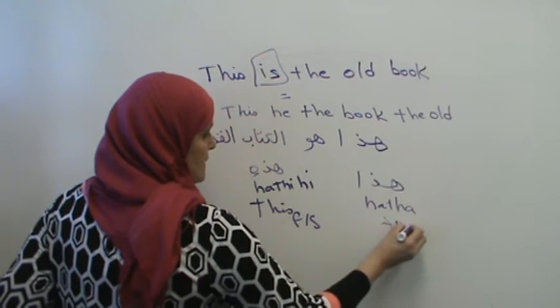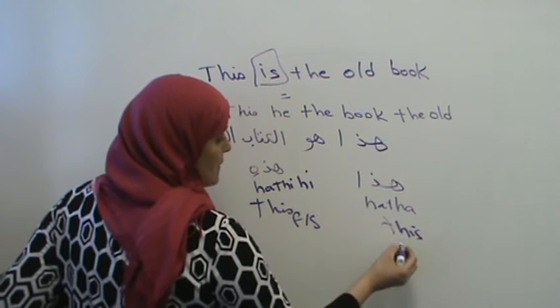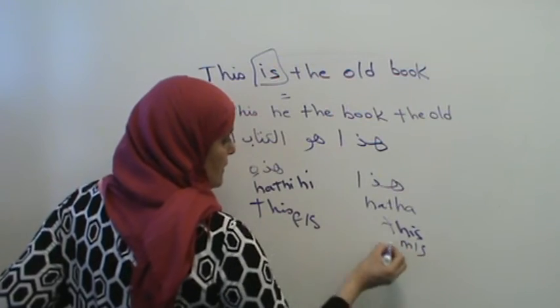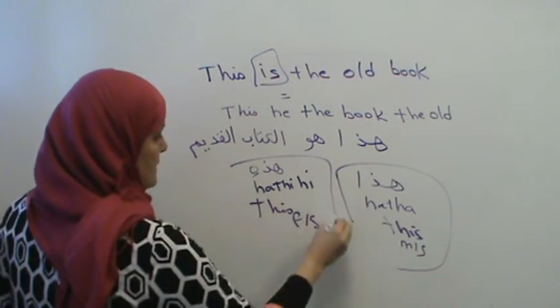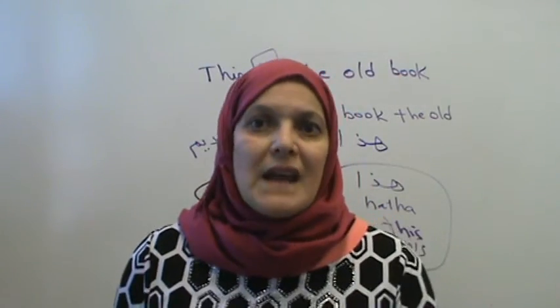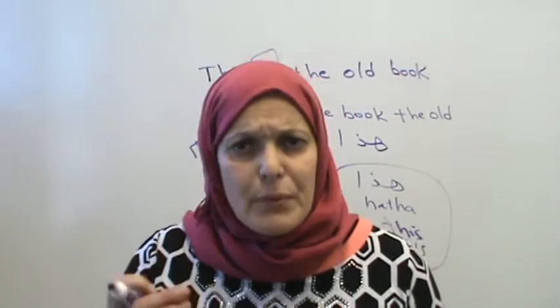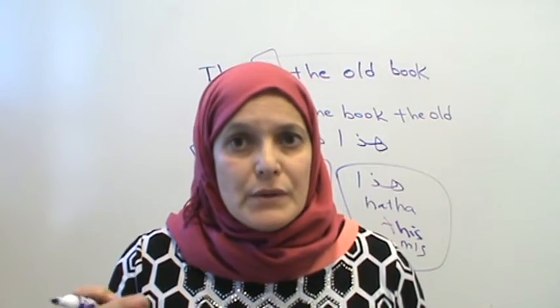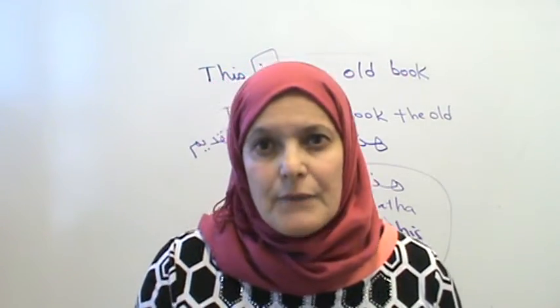Remember, we have two "this": هذا كتاب and هذه مدرسة. And we barely pronounce the H on the هذه for the school.